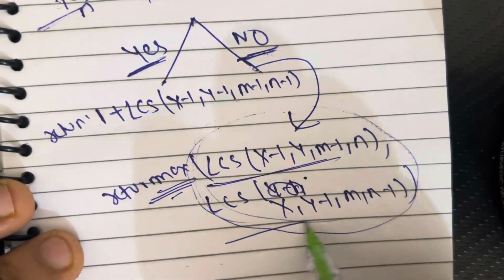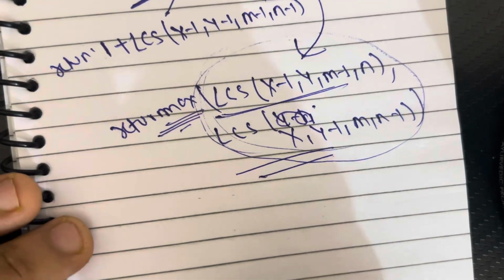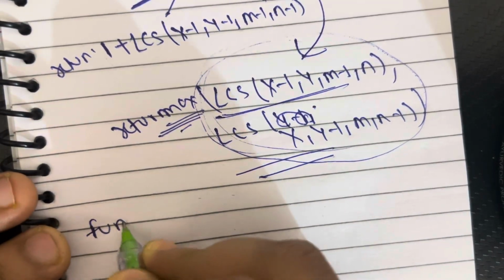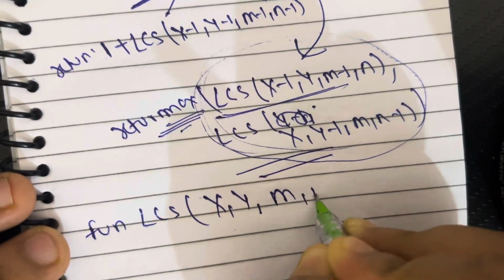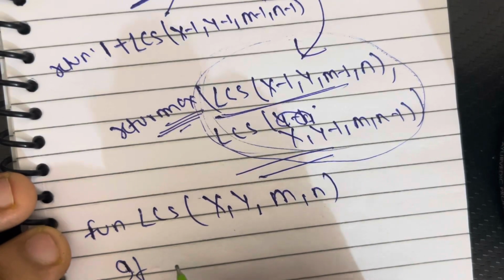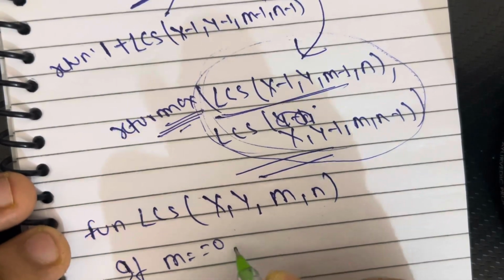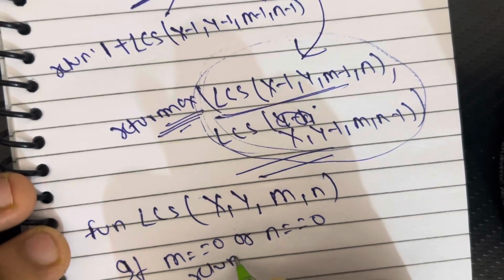If we see the pseudocode of the naive approach, we define the function LCS(x, y, m, n). If m is equal to 0 or n is equal to 0, we return 0.